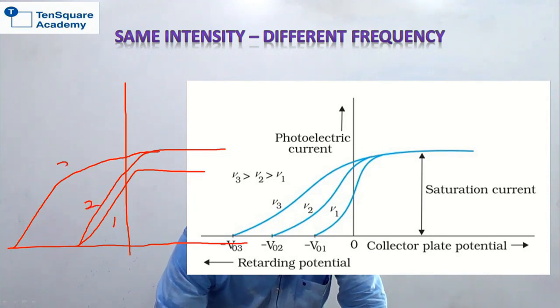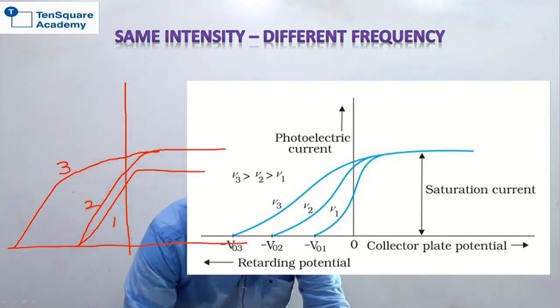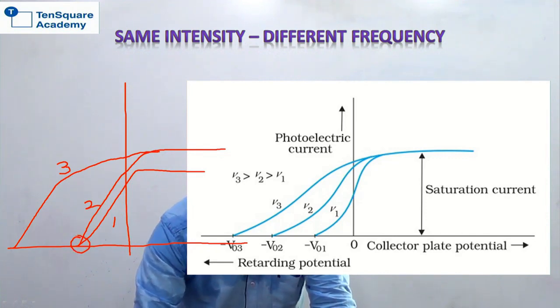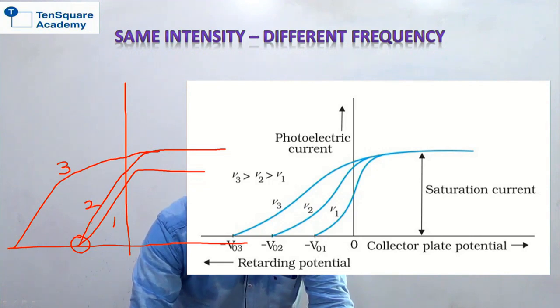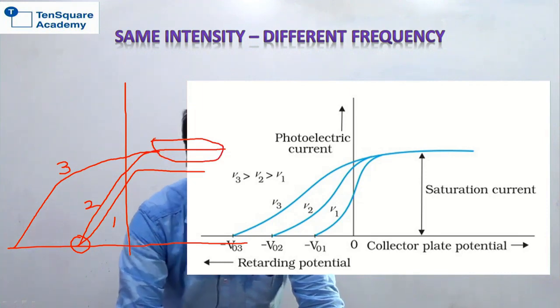Since wave 1 and wave 2 have the same stopping potential, their frequencies are the same. Since wave 1 and wave 3 have the same saturation current, their intensities are the same.